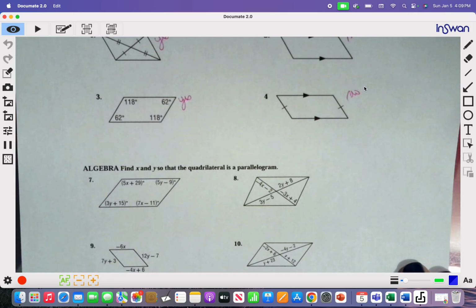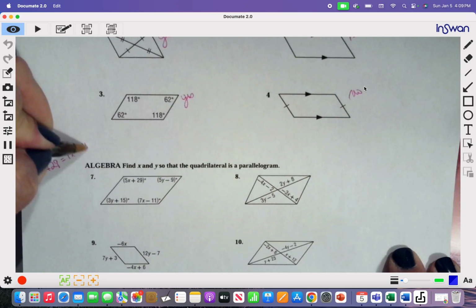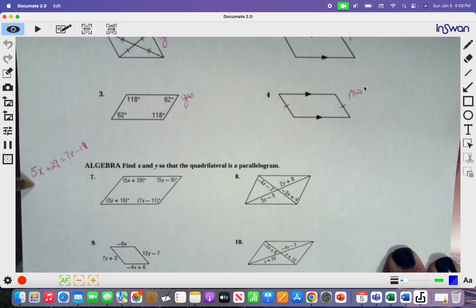So we're really still using the same properties from yesterday, from the last lesson. So diagonally, these two angles are congruent. So I'm going to solve 5x plus 29 equals 7x minus 11.